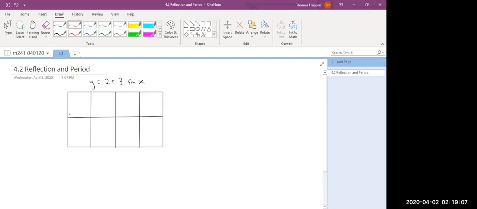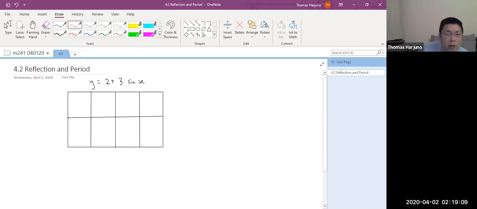Middle, the center. Yeah, it will, because it's a sine graph, right? So it will start from the center, from the middle, go up here, and then go down here, go up again. So approximately this is the graph.